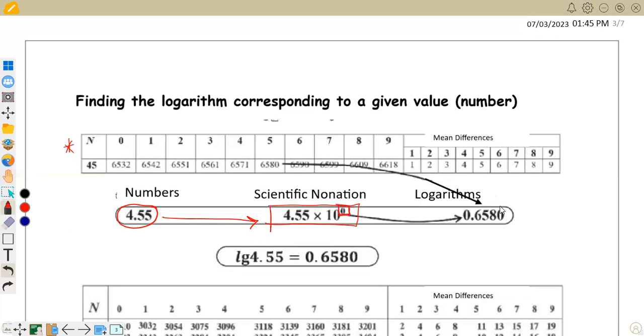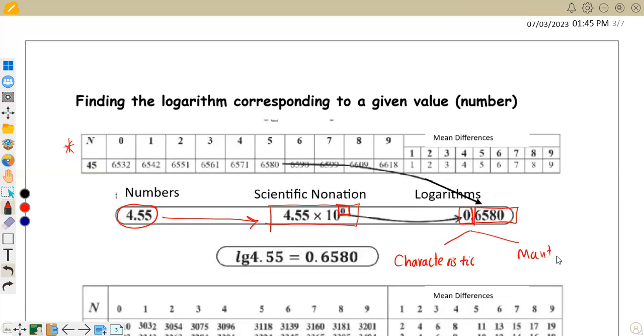Then when you have to write a logarithm, a logarithm consists of two main parts. What are the two parts? The value which is written as a whole number part is called the characteristic. And the value which is written as the decimal part is called the mantissa.